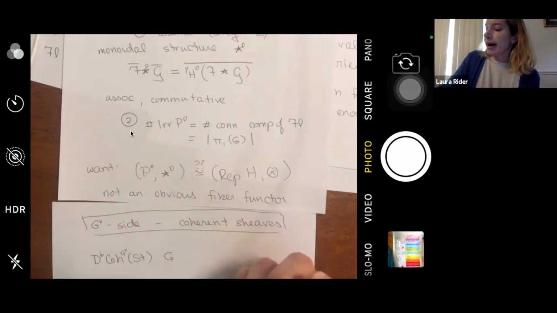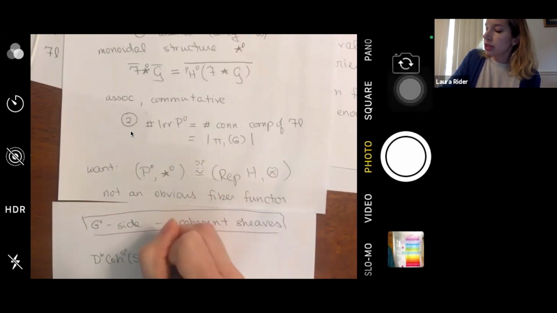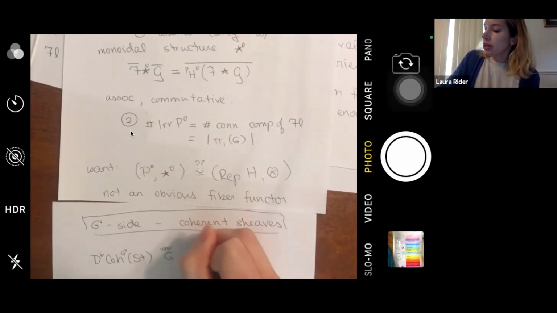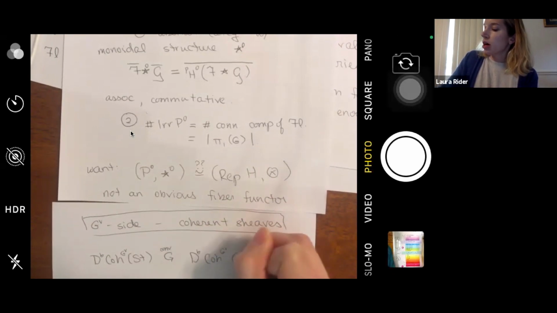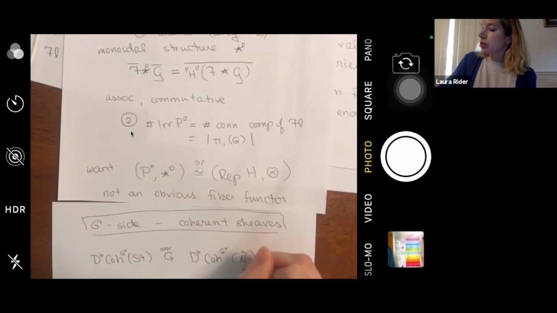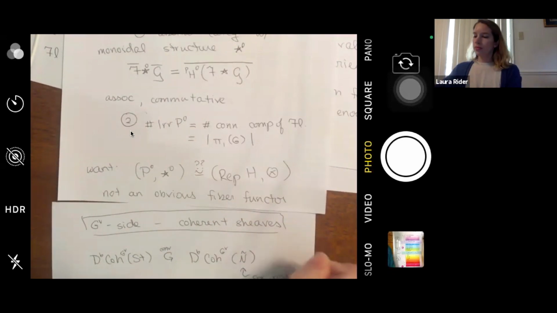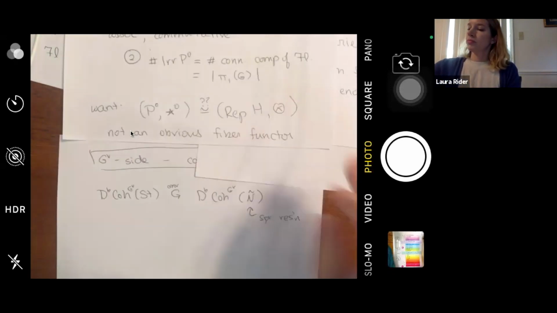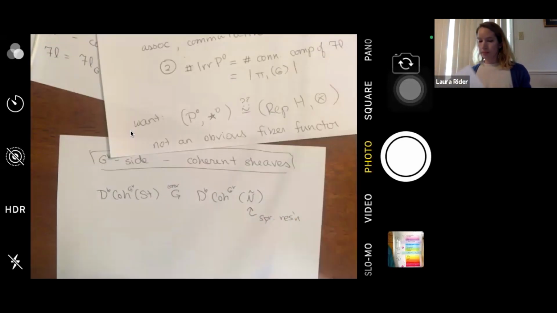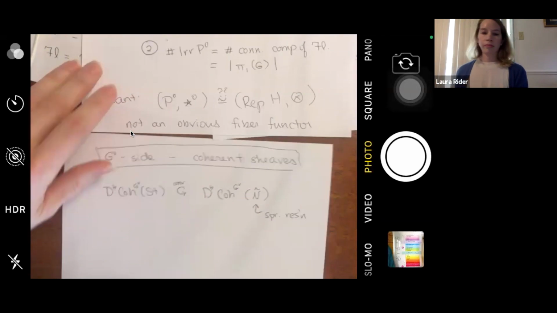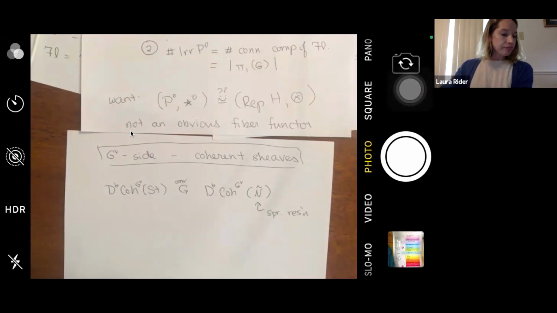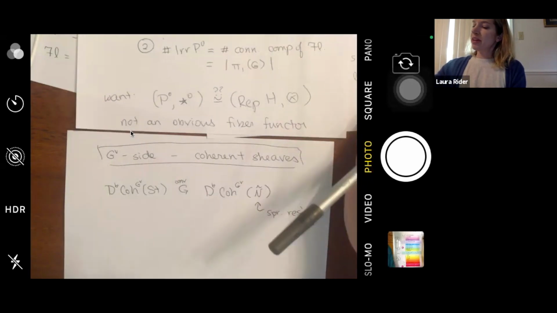So this category acts by convolution on the category of coherent sheaves on just a single copy of the Springer resolution. That's my first replacement.